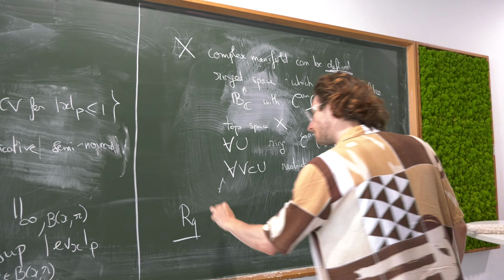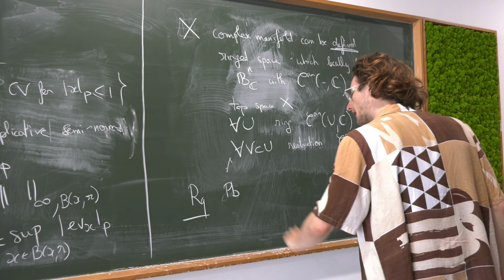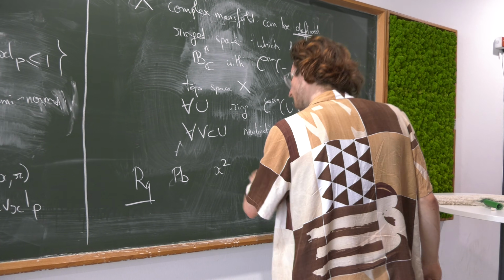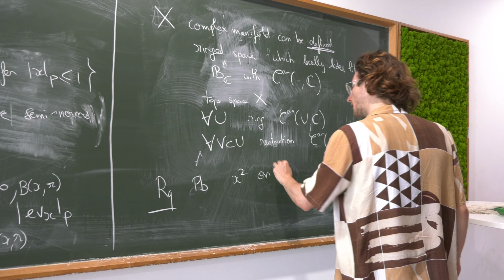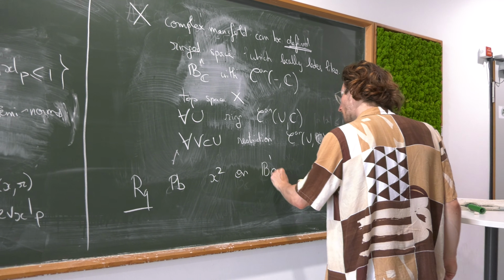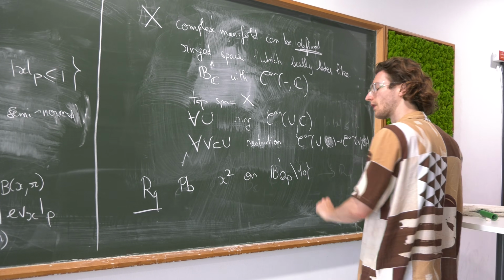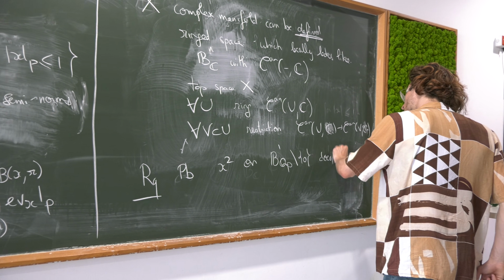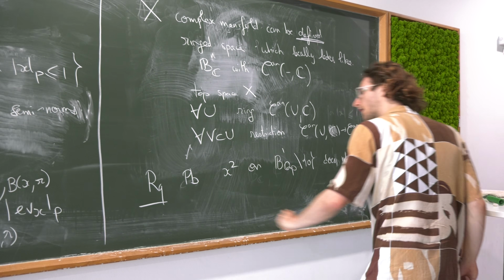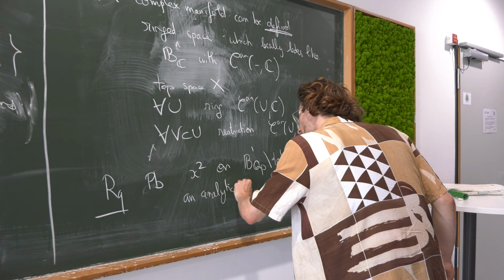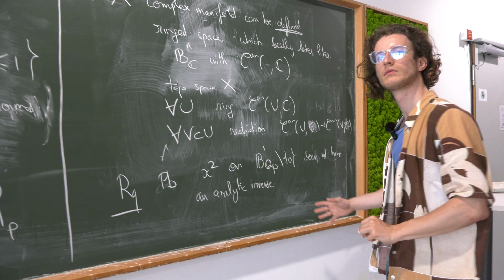But the problem is that x squared on, let's say, B1 of Qp without 0 does not have an analytic inverse in general.